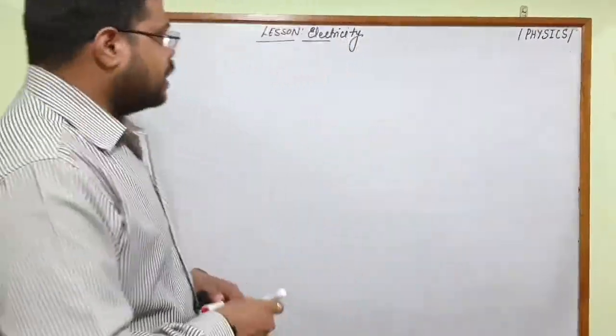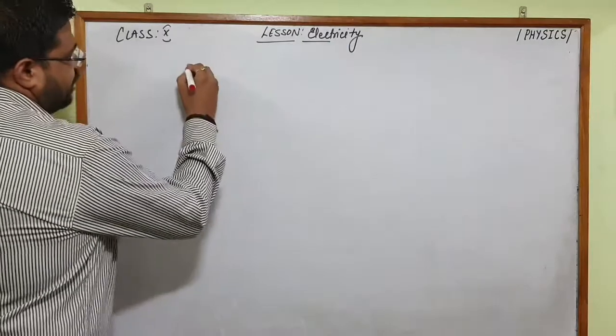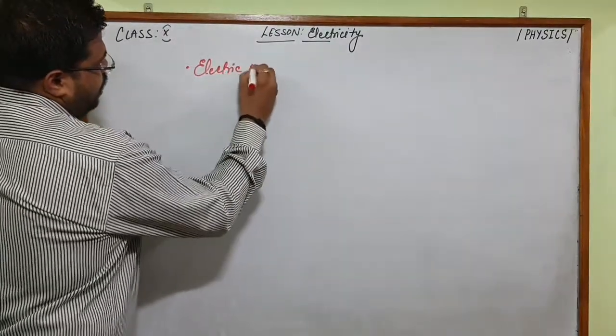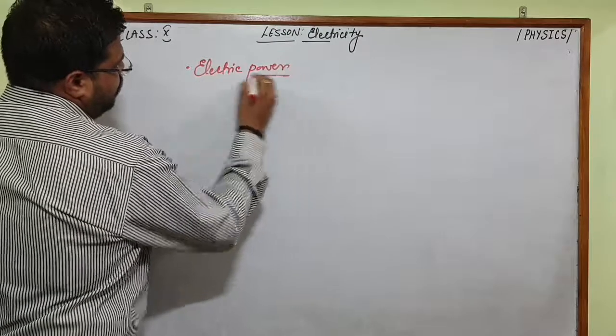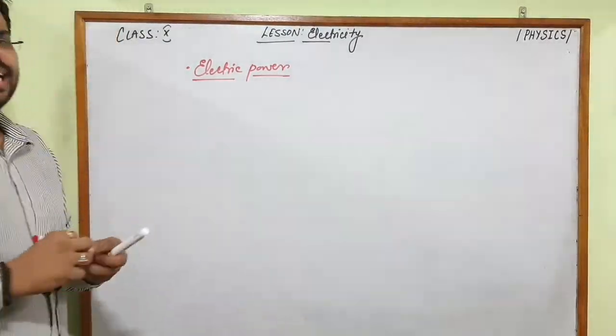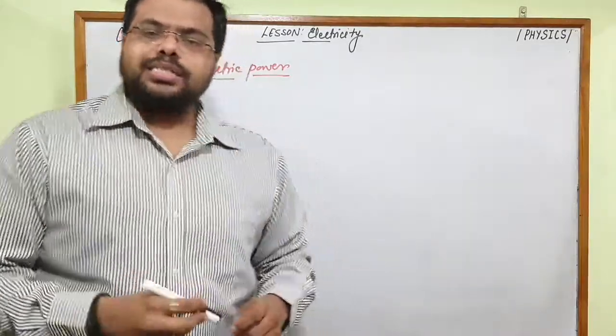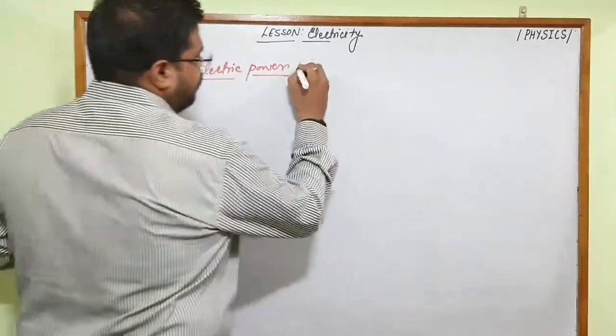Okay, so look here, our next topic in this chapter is electric power. In a very small definition, we can define it as the rate of doing work. The rate of doing work is known as power. Okay, it's a very simple definition.